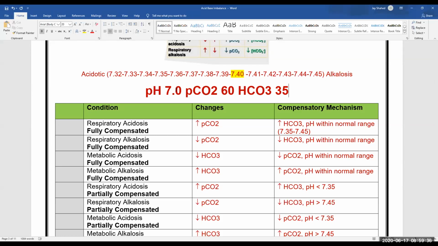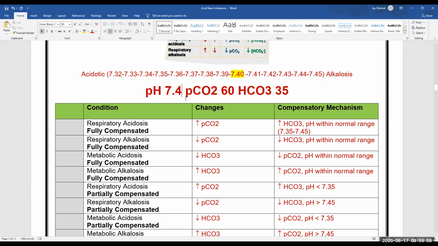Partially. Why? Because the pH is not in the normal range. Good job. How about if I put down 4? Then it'd be fully compensated. See, everybody's within balance, fully compensated.